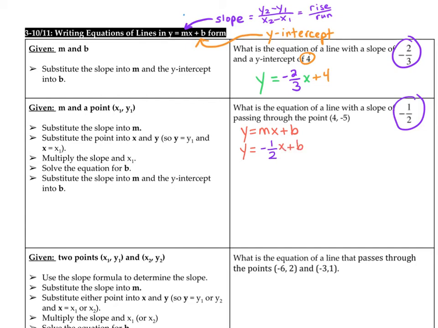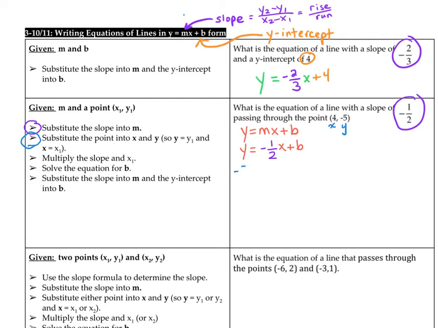So that's the first step, is to substitute the slope in for the m. The second step is to take the point and you're going to substitute that in for the x and the y. So the 4 gets substituted in for the x and the -5 gets substituted in for the y. And then we'll be able to solve for the b.